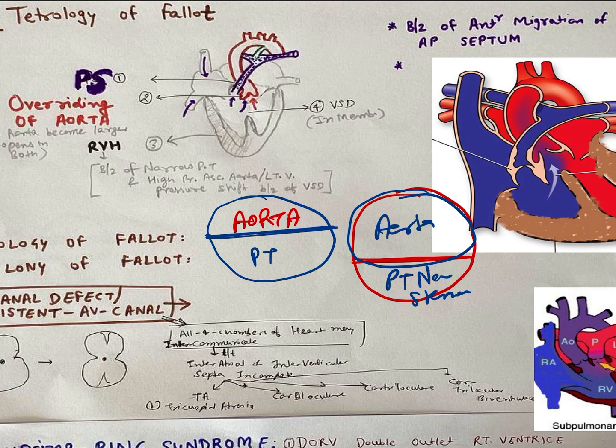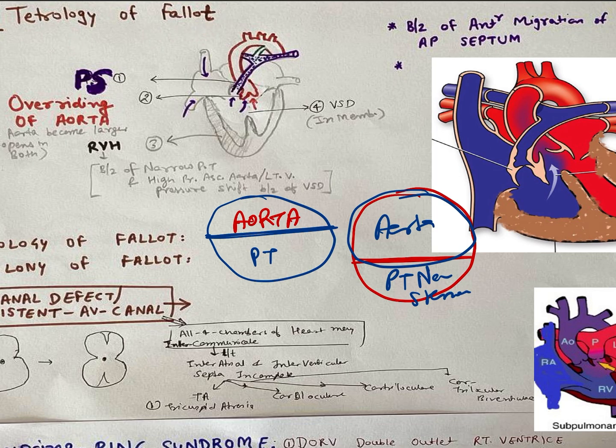Hence, cyanosis can be seen because it is taking blood from the right ventricular cavity. And VSD is also developed. And the fourth pathology is right ventricular hypertrophy. Why right ventricular hypertrophy? As there is a narrow outflow tract and blood in the right ventricular cavity comes from this VSD because of high left-sided pressure. This pathology is known as tetralogy of Fallot.